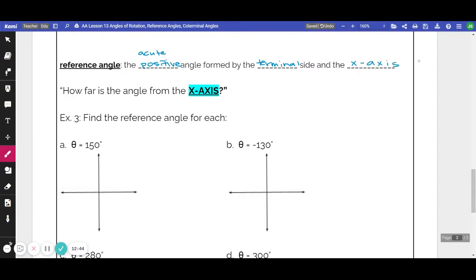So if you graph it, you're always finding the distance to the closest x-axis. Okay, remember this is your x-axis. So how far away is your angle from that axis?